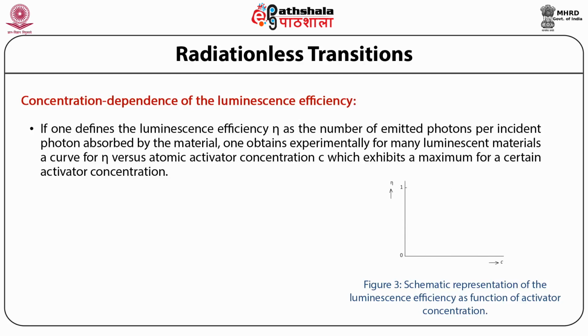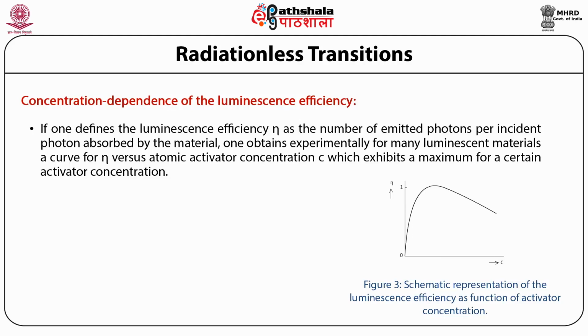For the particular case in which the excitation of the luminescence center is achieved by the direct absorption of a photon, such as in the thallium activated alkali halides, the efficiency versus concentration curve may be interpreted on the basis of a simple model.